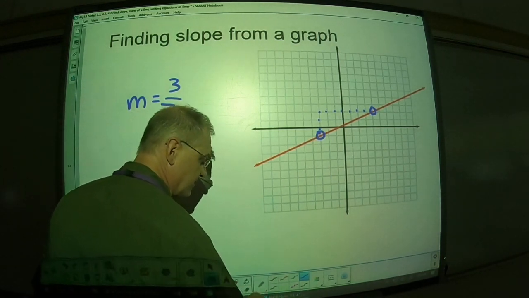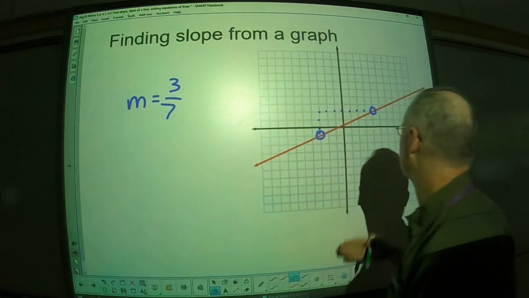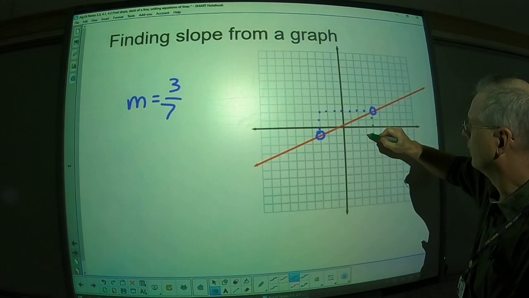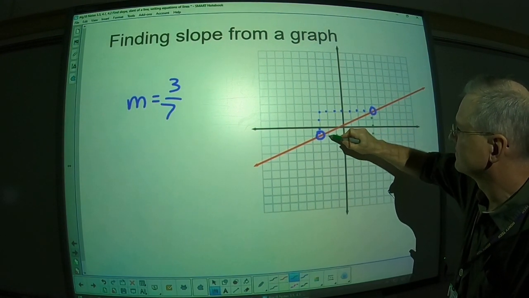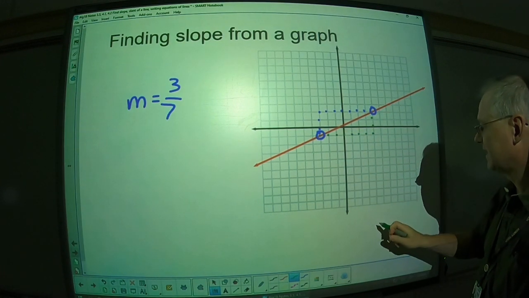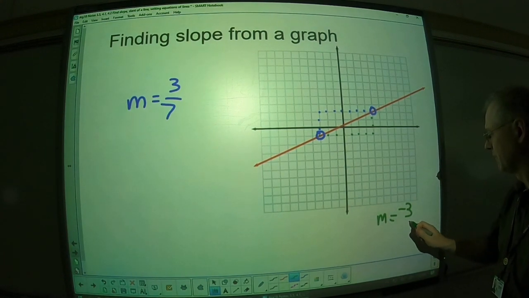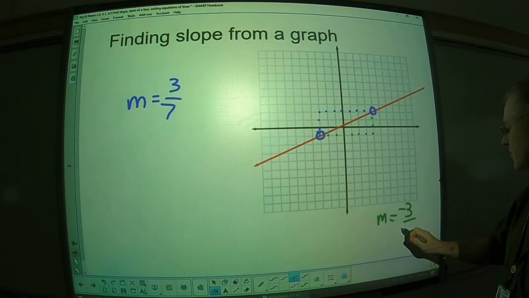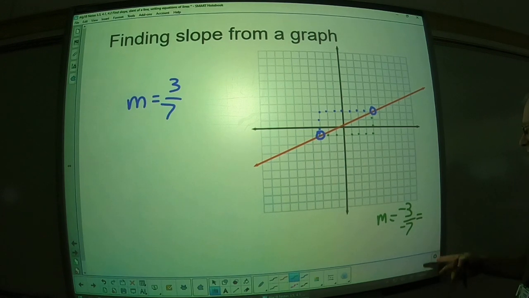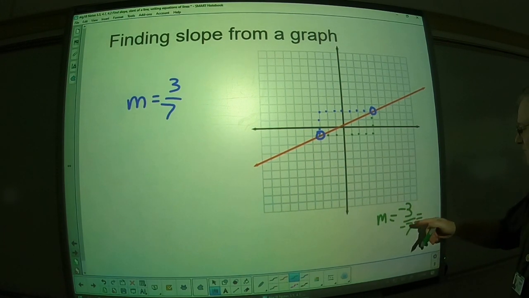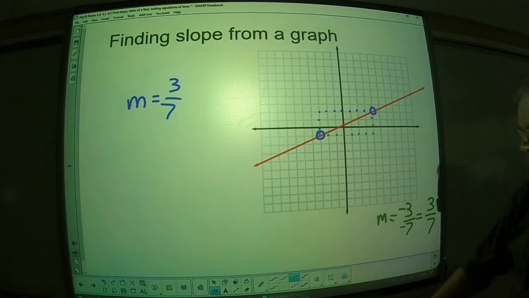Now I could just as easily have counted that out from this point down 1, 2, 3, and 1, 2, 3, 4, 5, 6, 7. But when I go down, that is a negative movement. And when I go left, that is also a negative movement. We don't want double signs here. So negative divided by a negative is a positive. And so my slope is still positive 3/7.